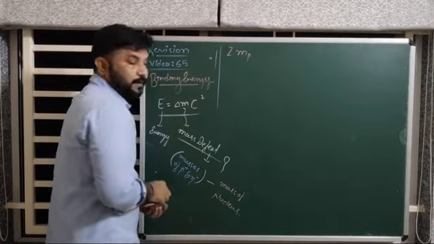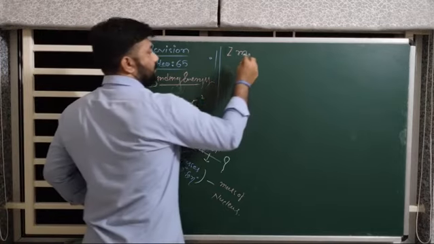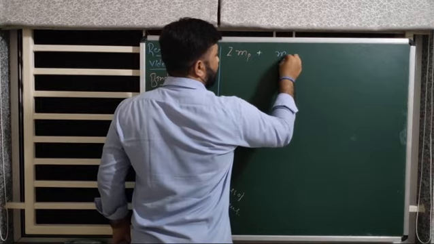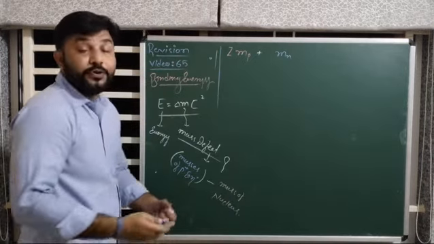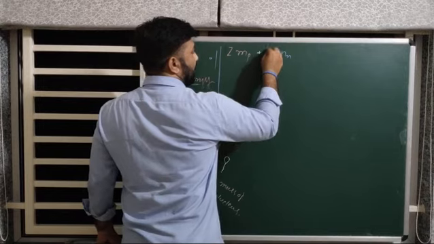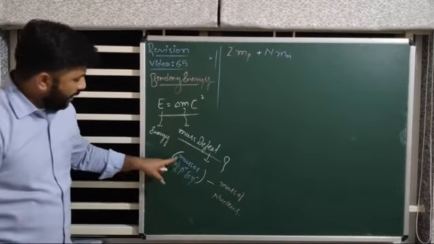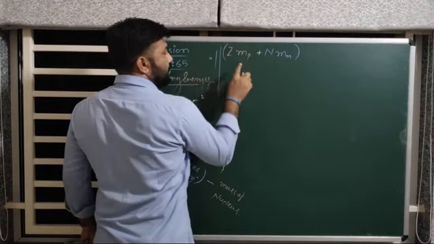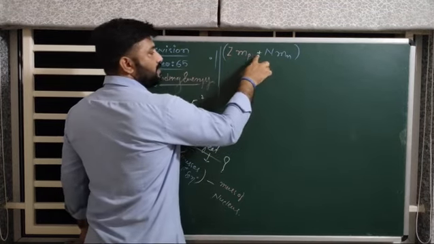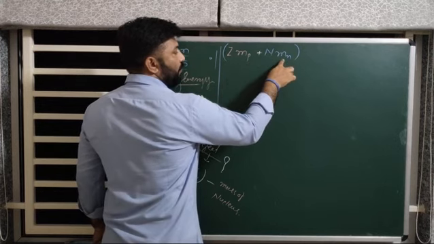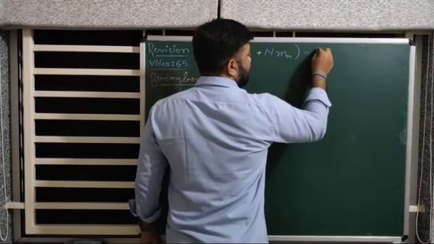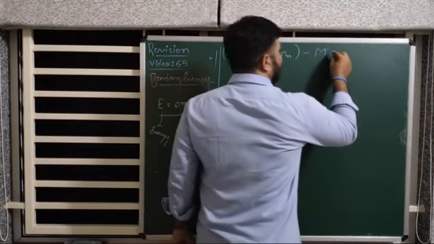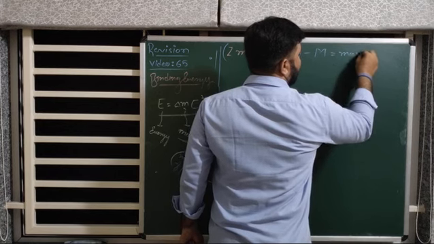That is Z. Plus the mass of neutron, that is Mn. How many neutrons are there? That is N. So the total mass of protons plus the total mass of neutrons, minus the mass of the nucleus, is known as the mass defect.